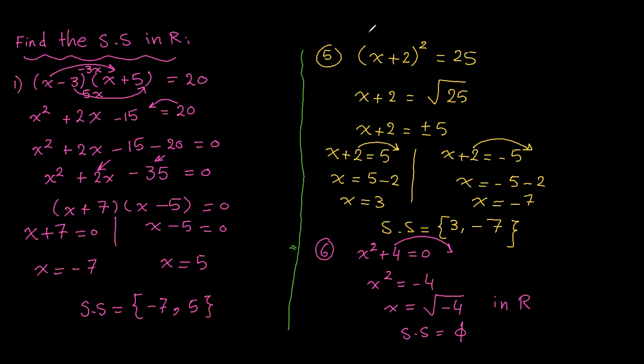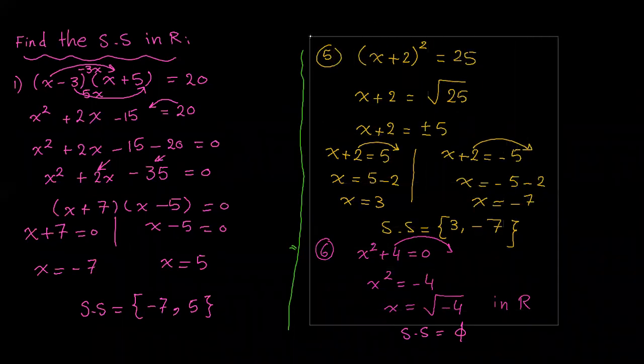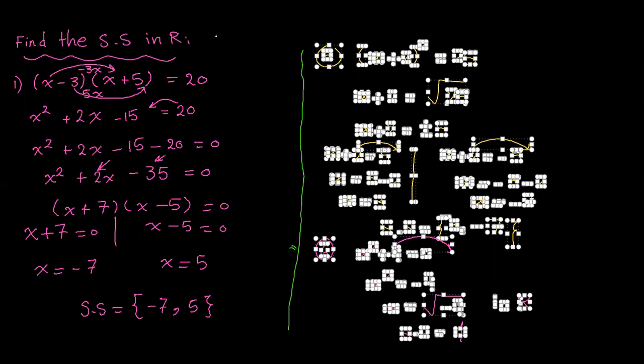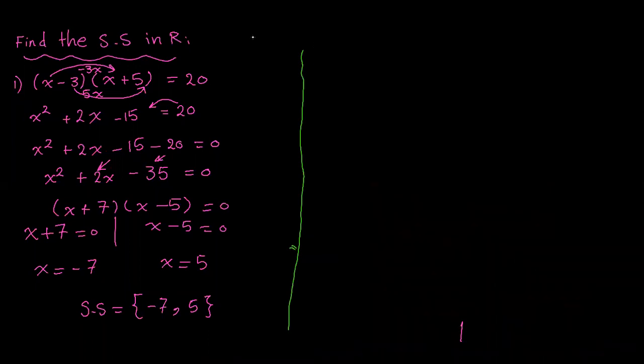Another example depends on a new idea here. So 4x^2 = 25. We move 25 to get 4x^2 - 25 = 0.